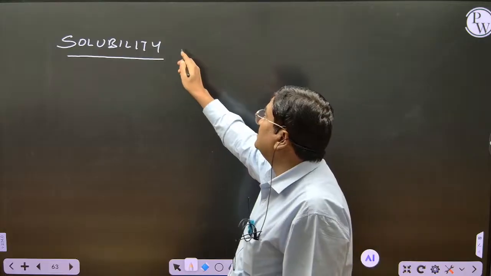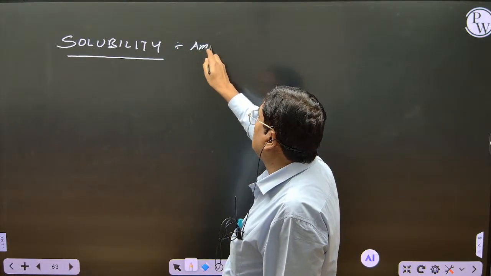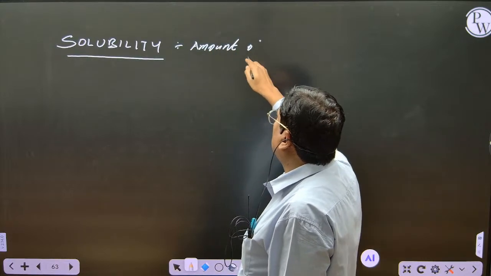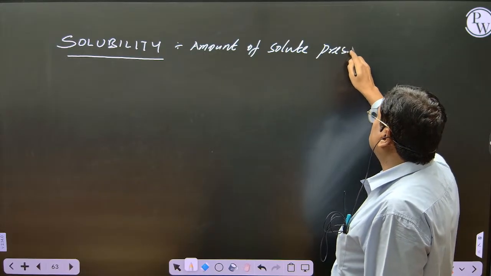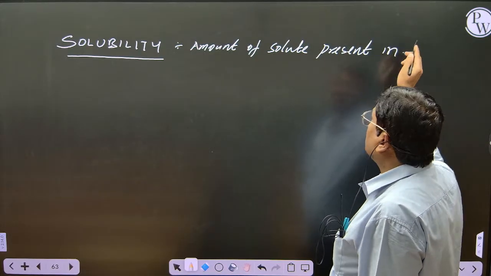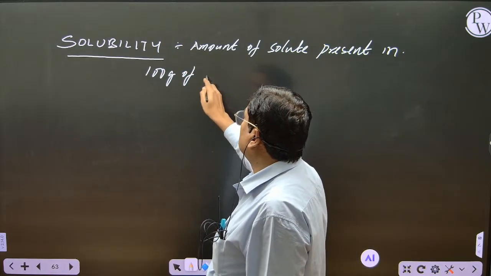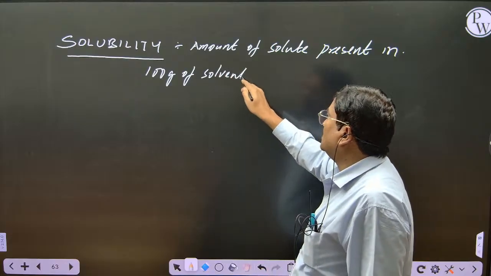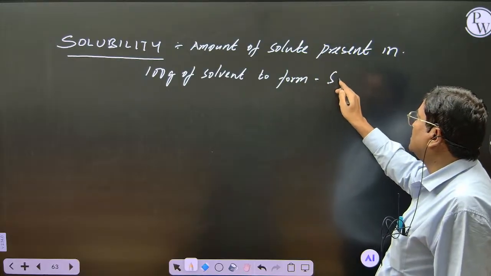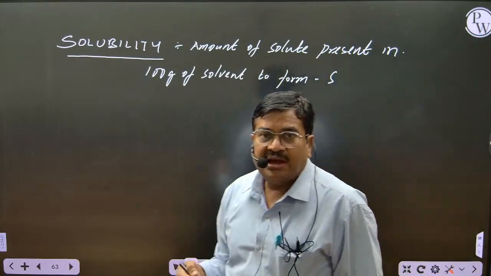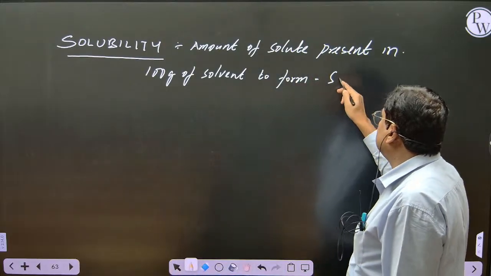So write definition: amount of solute present in 100 grams of solvent to form saturated solution. What is meant by saturated? Adequate amount of solute we are adding and we are dissolving to form saturated solution.